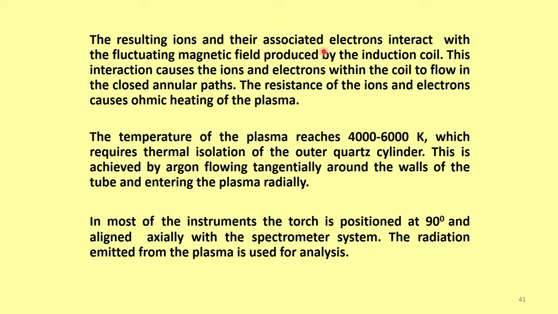That requires thermal isolation of the quartz cylinder. See, around even 6000 degree centigrade or Kelvin, 6 to 8000 degree Kelvin, even quartz will melt. So, the plasma should be above the coil, above the quartz plasma torch.